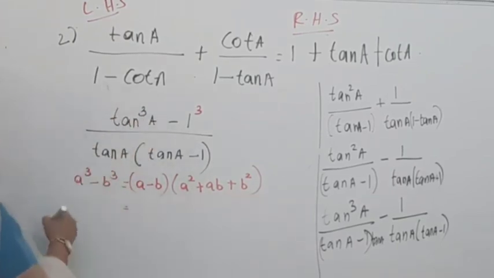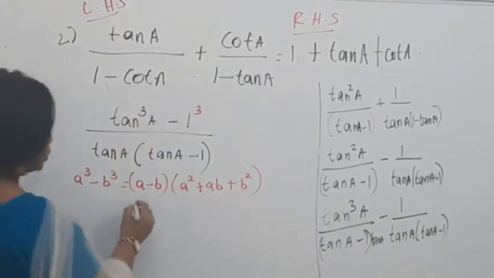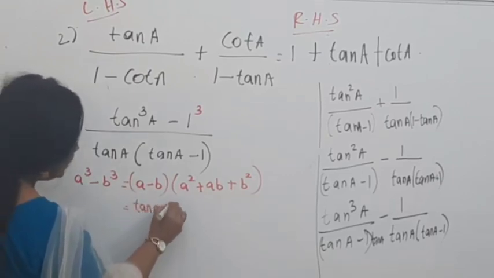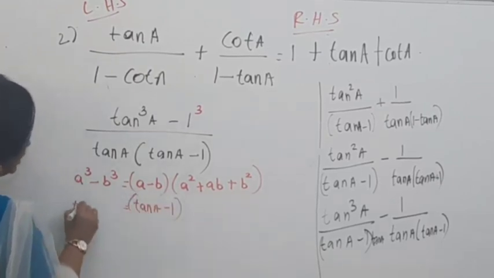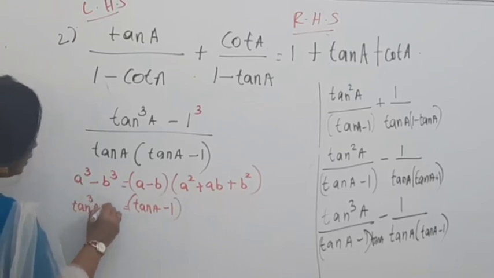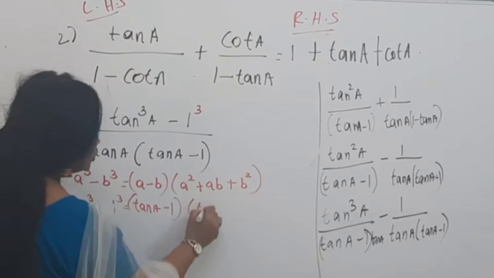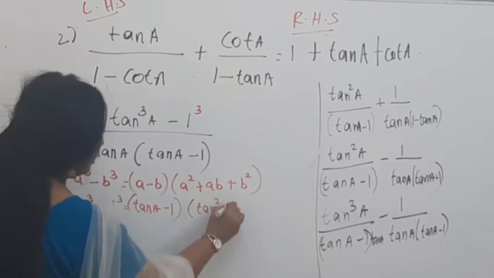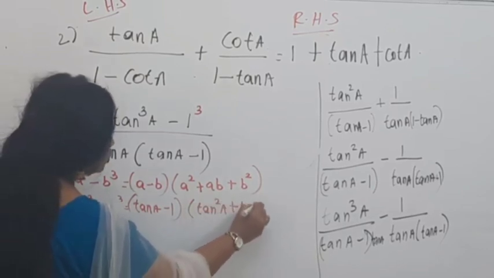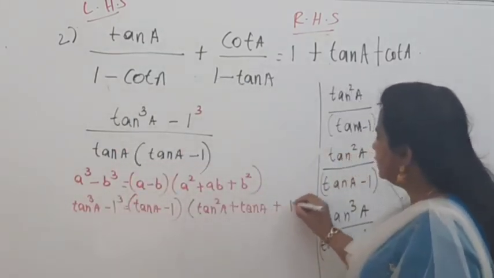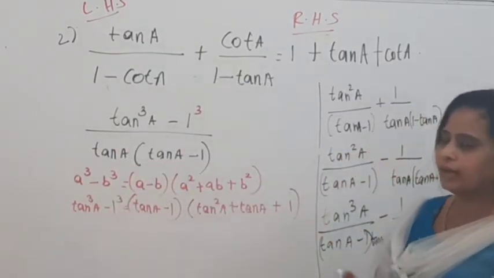A is tan a and b is 1. So I would have tan a minus 1. This is tan cube a minus 1, that is 1 cube. So minus 1 into tan square a plus tan a into 1 plus b square, that is 1 square, which is nothing but 1.